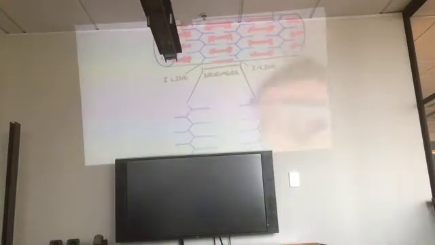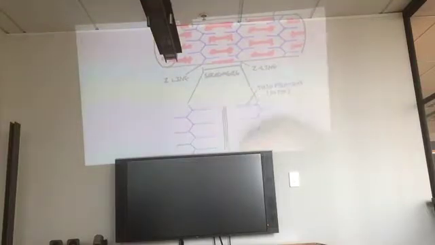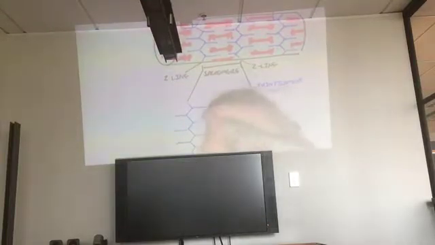If we zoom into this one sarcomere, here we have the thin filaments made up of actin, and in the center of the sarcomere we have what's called the M line. And from the M line, in the center, we have the thick filaments.